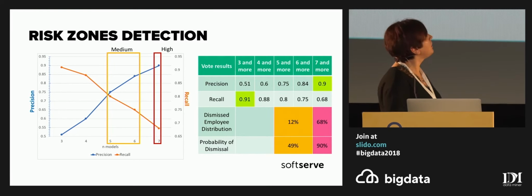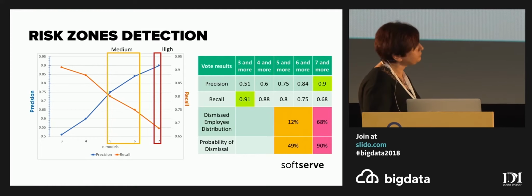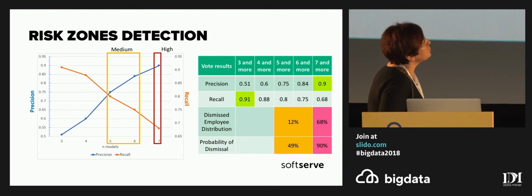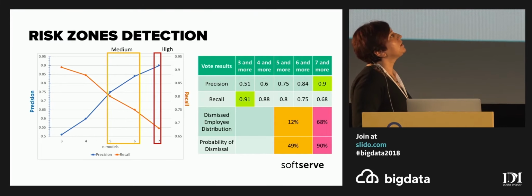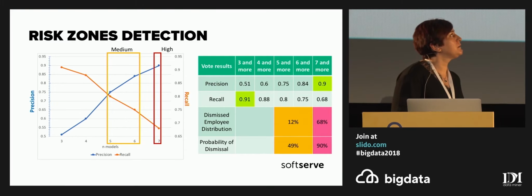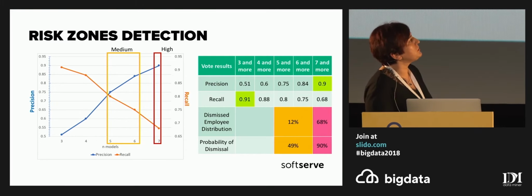Next one is the definition of the medium risk group. In order to define the medium risk group, we consider the rule that 5 or 6 models voted to put the employee into the risk group.